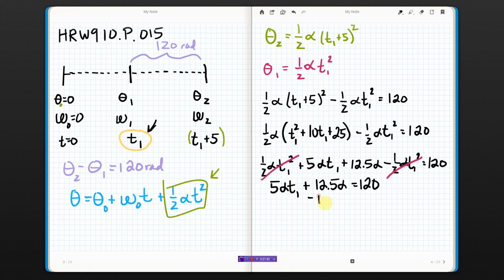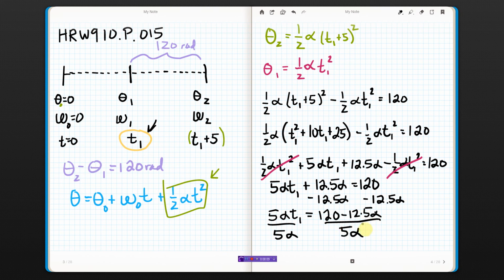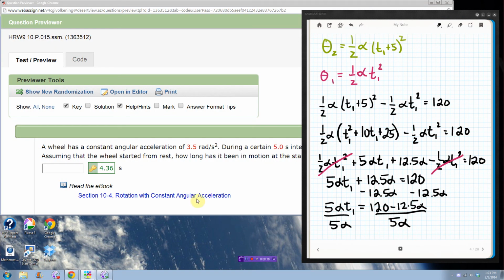This is a constant, so I'm going to move it over to the other side. 5 alpha t1 equals 120 minus 12.5 alpha. All I have to do is divide by 5 alpha, and then I'm good. Plug in the numbers for alpha. My alpha was 3.5. Yours will not be 3.5, but mine is.